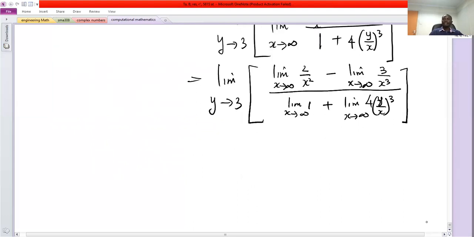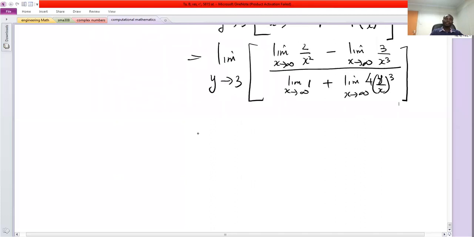which can be written as the limit as y approaches 3.